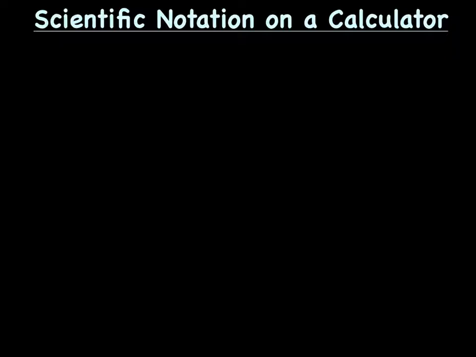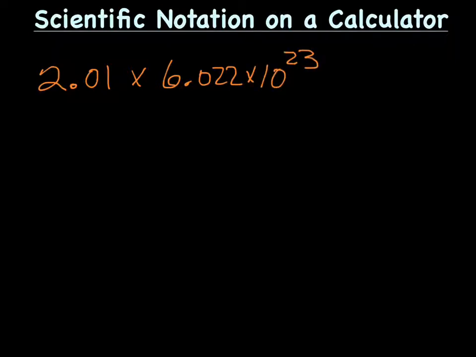So let's say I had a problem like 2.01 times 6.022 times 10 to the 23rd. How would I go about putting that into my calculator? Well, first I'd put 2.01, and then I would hit the multiplication button because this x here means multiply by.